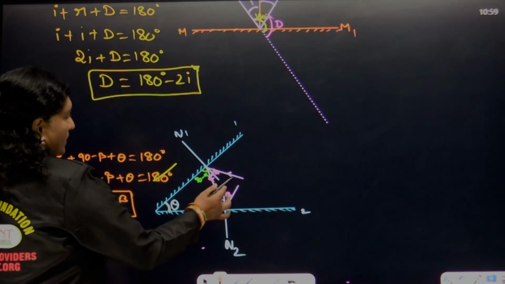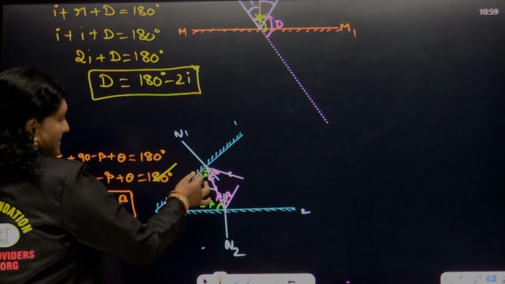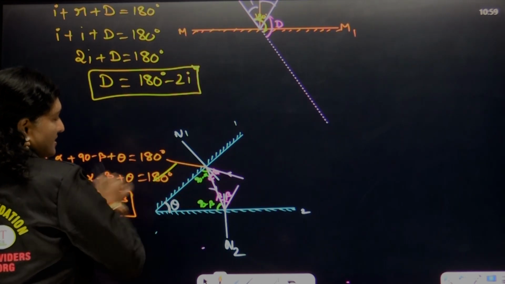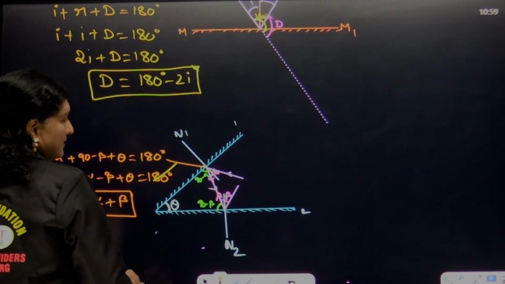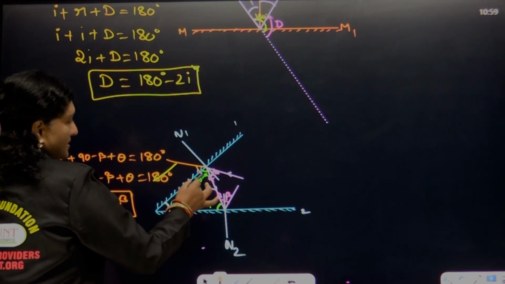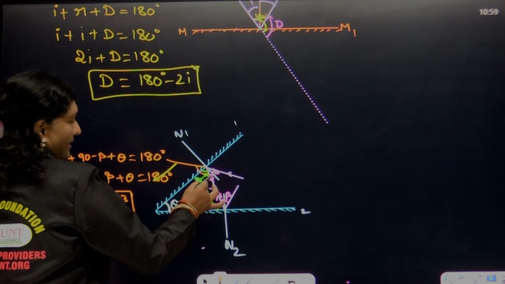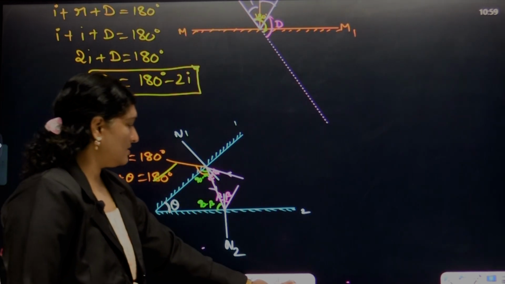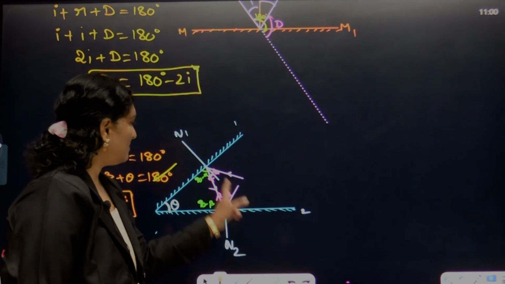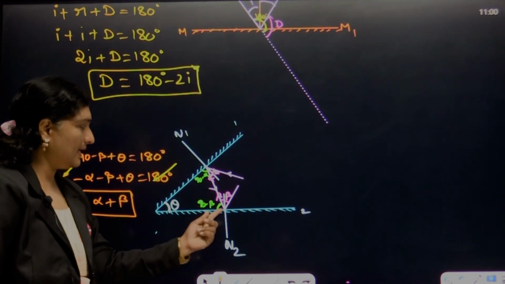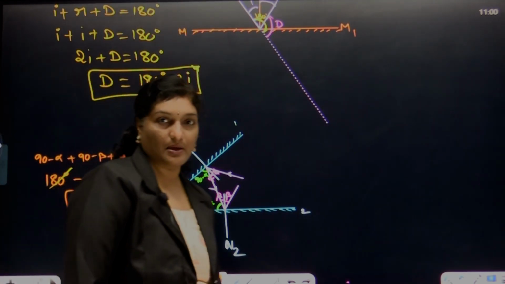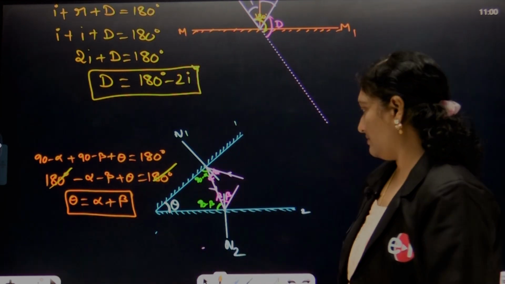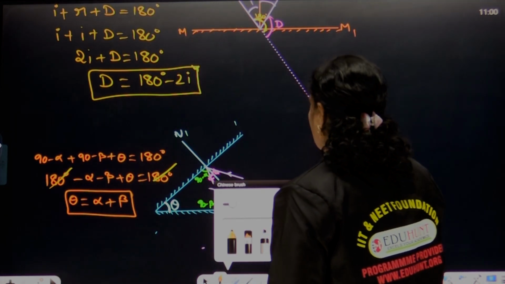Here we know that if this is the incident ray, it would have travelled in this particular direction, but it is deviated through some angle and it is coming back in this direction. So the deviation produced by the first mirror will be something. Similarly, the deviation produced on the second mirror due to reflection is something else. So let us try to calculate the same.